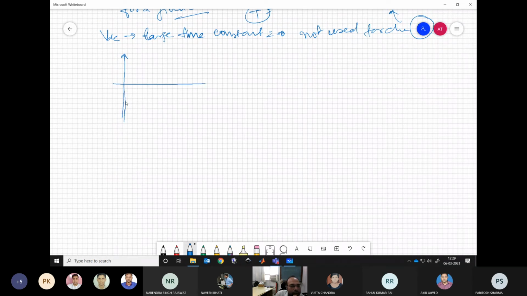Let's say this has a notch at the middle of the half cycle, and similarly at the middle of the other half cycle also.